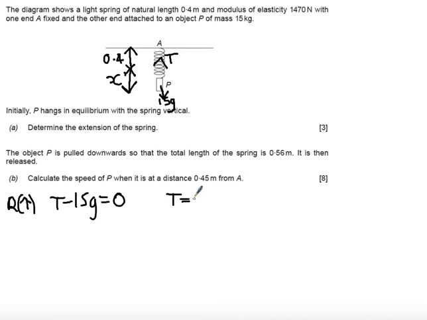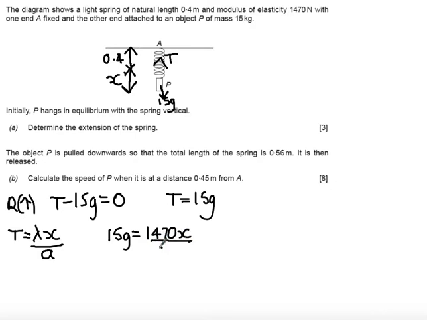So T is equal to 15g. Now if we use T equals lambda x over a, the natural length, then we have 15g equals 1470 times x over 0.4, not 0.8.